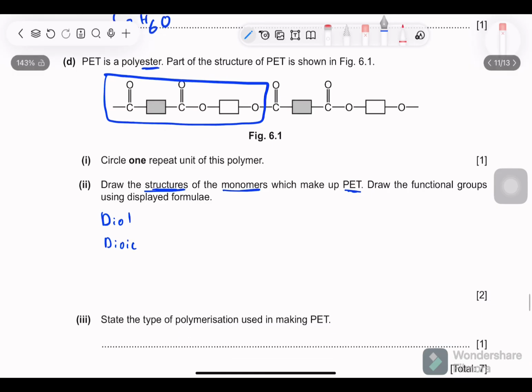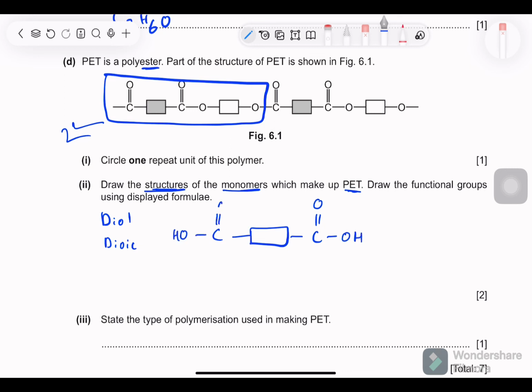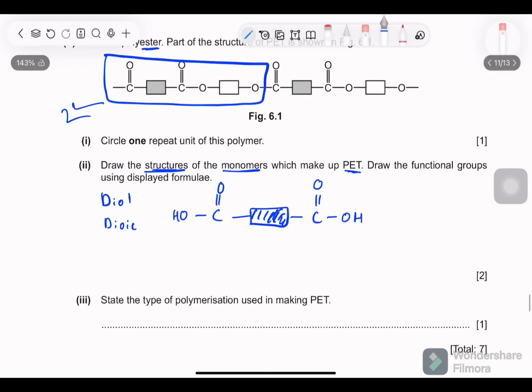Now, using this key, we have to keep the shaded and unshaded version correctly. If this is the carbon chain in the middle and these are both acid groups on the sides, just like it was given above, so this will be shaded as they shaded the acid containing chain or the monomer.